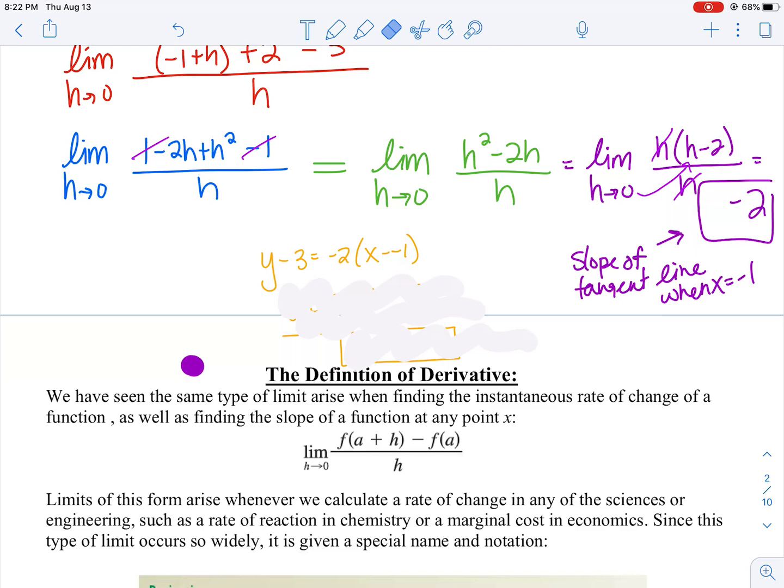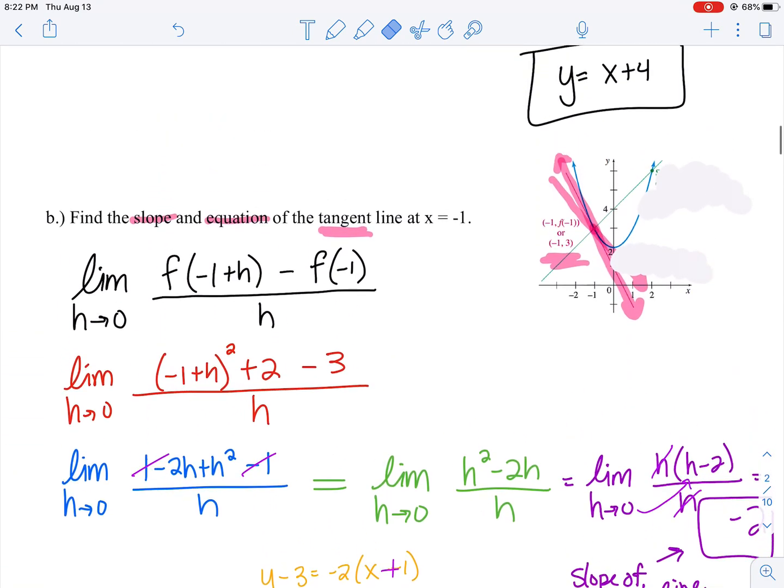I have my y minus y1 equals m times x minus x1. You notice that my two negatives make a positive, and I can distribute the -2 through. I can go ahead and add 3 to both sides, and I end up getting y equals -2x plus 1. That is the equation of this tangent line. It makes sense.